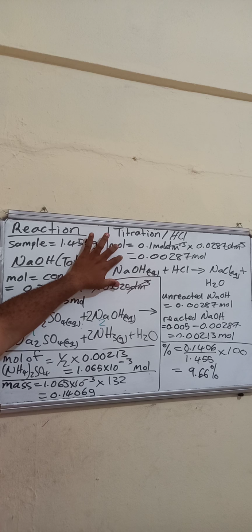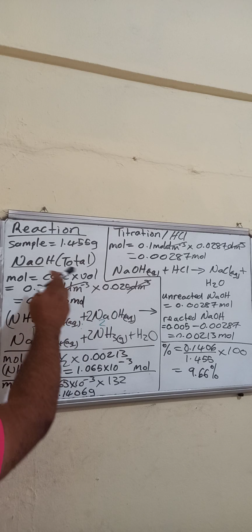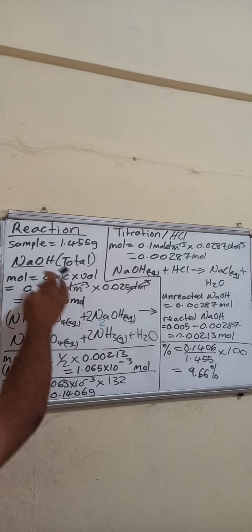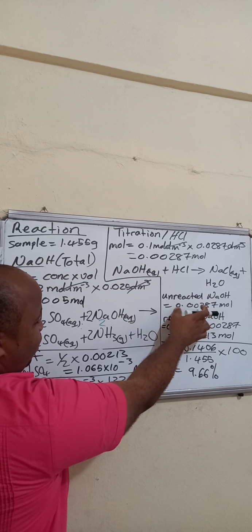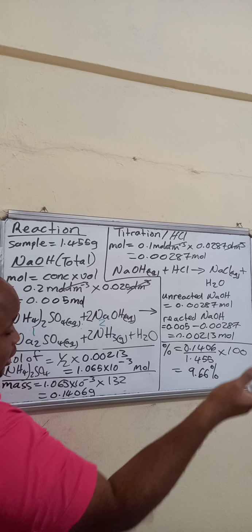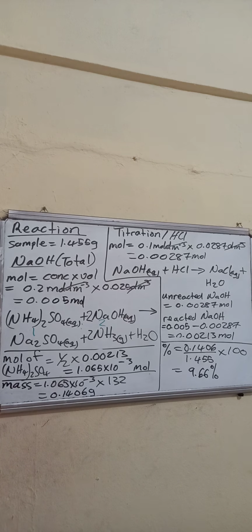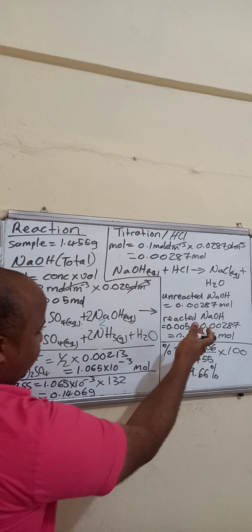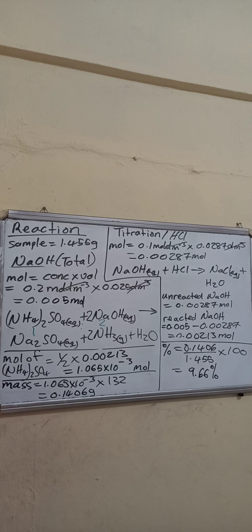Again, you're going to calculate the moles, write the balanced equation, use the mole ratio to get the mole of the unreacted substance. So whatever was the total over here, it will be the unreacted over here, so it's sodium hydroxide. We get the unreacted mole of that, you subtract total minus excess, gives you the moles that actually reacted.